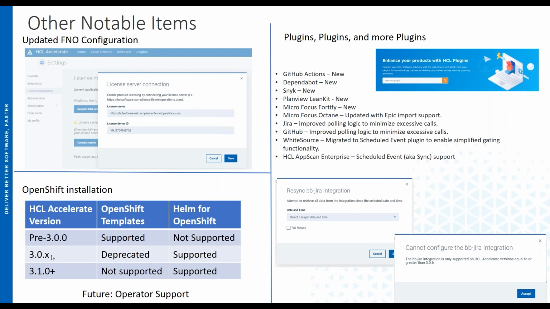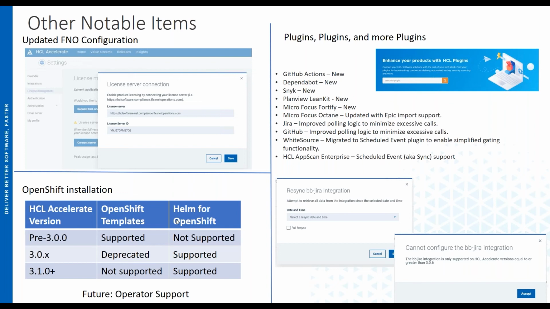If you are already in this 3.0.x space, highly recommend you shift over to Helm already. It's a much easier, simplified installation experience, and it'll get you ready for your 3.1.0 upgrade. Starting with 3.1.0, the OpenShift template installation path is no longer supported. It's been removed from the product. You will not find it in our installers.